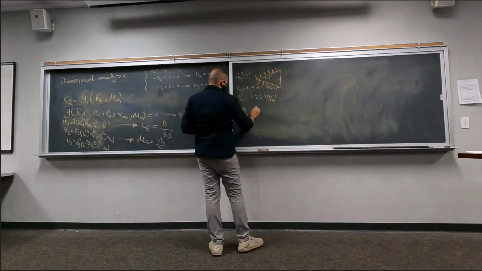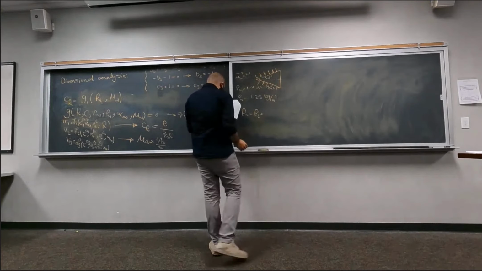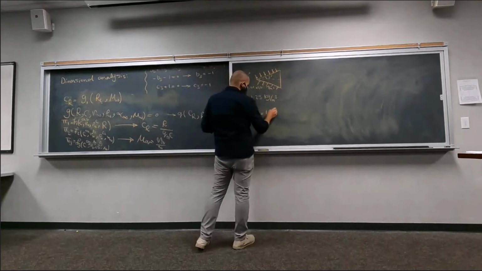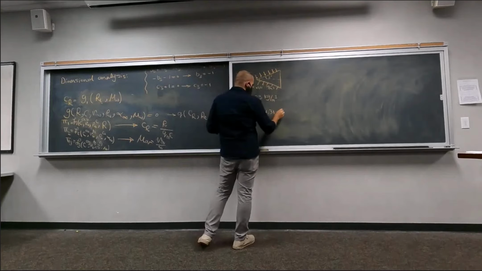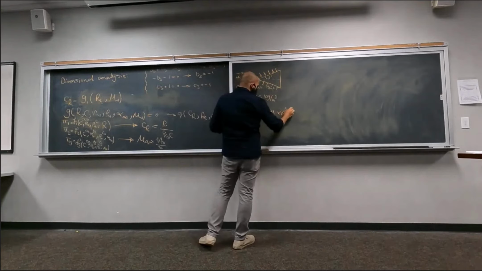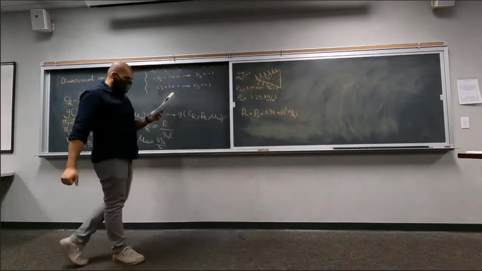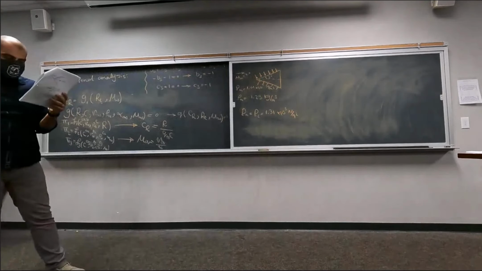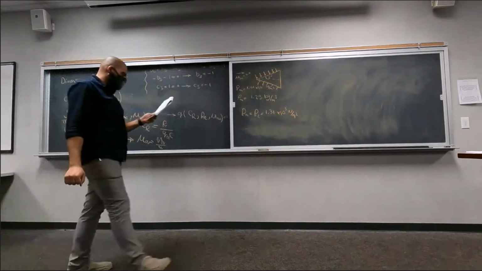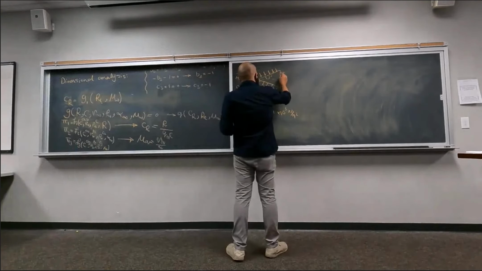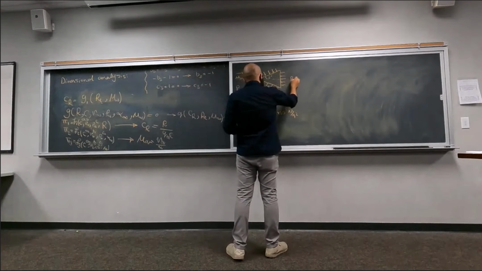And this P upper and lower are equal to each other, the value for which is 1.3 times 10 to the power 5 newtons per meter squared. We have also the pressure exerted on the base, of course, but this is equal to P infinity.